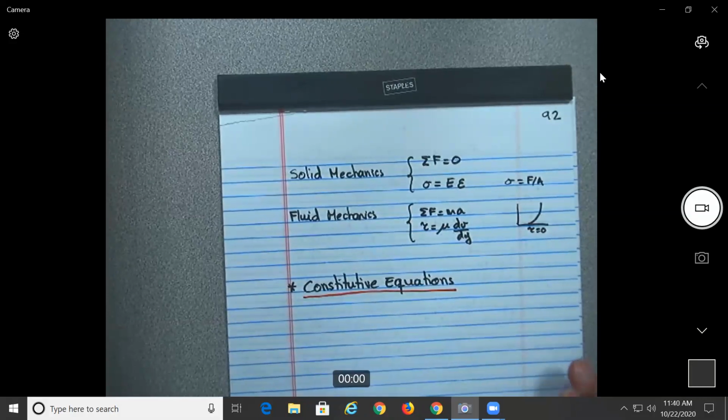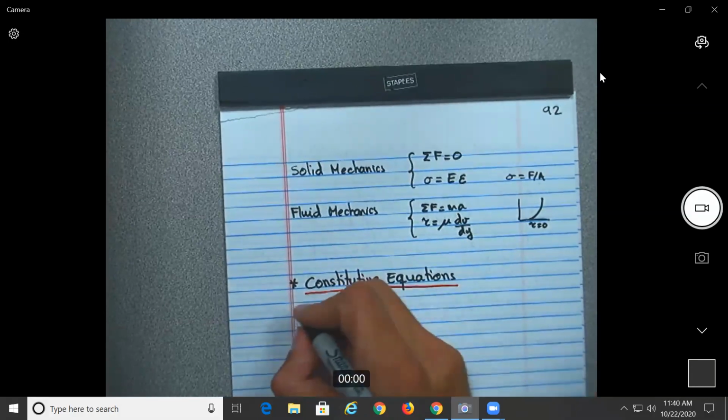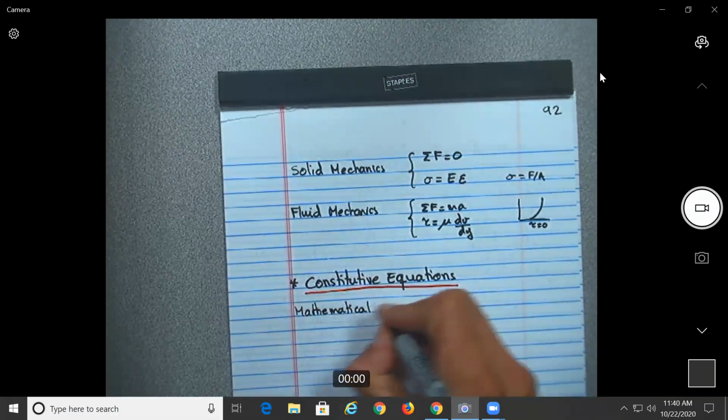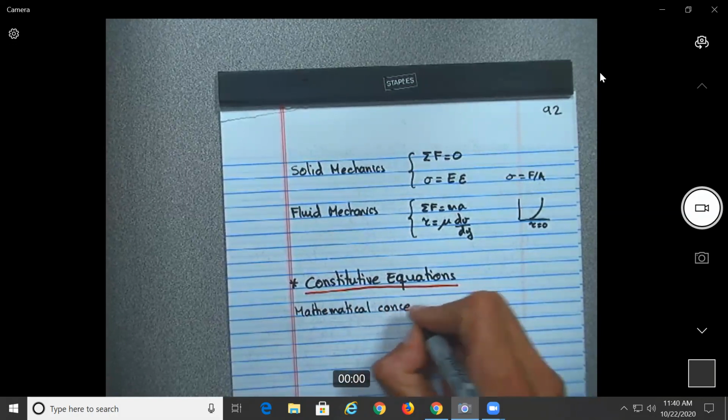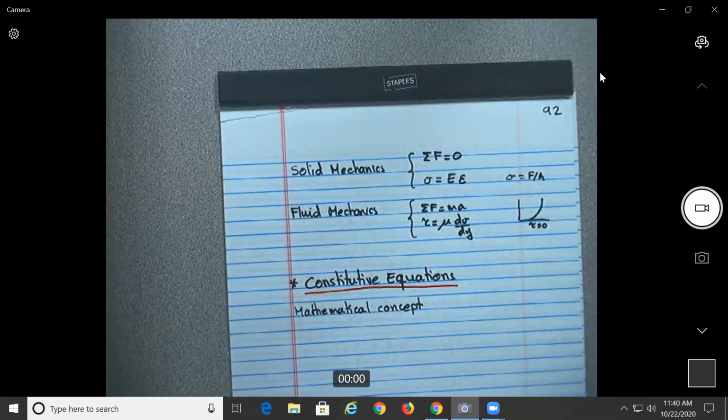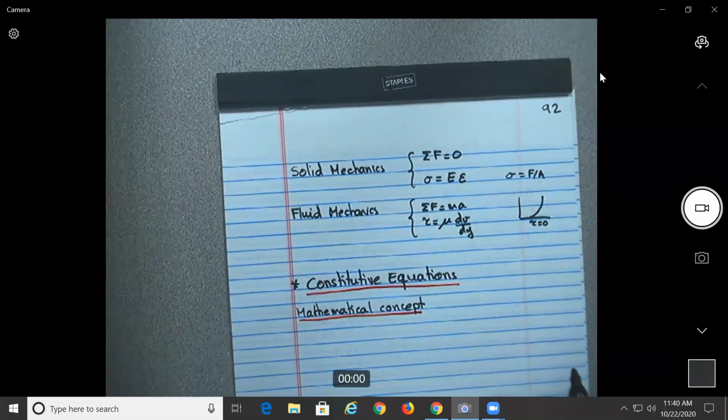Okay, so the constitutive equation. So let's look at the mathematical concept. All right, so here, this is more into detail, okay?